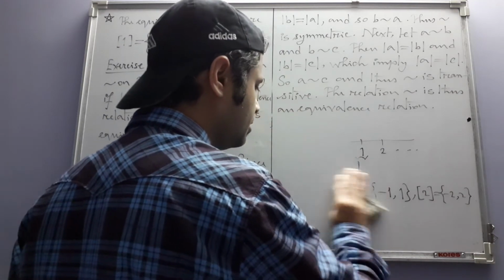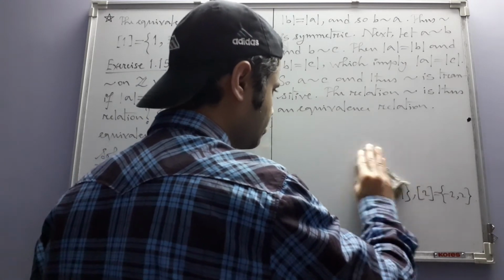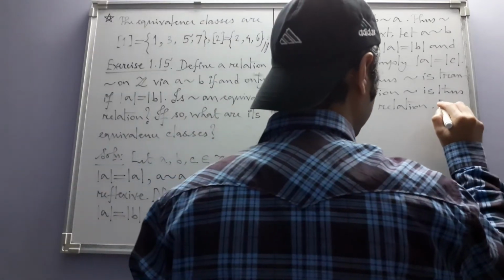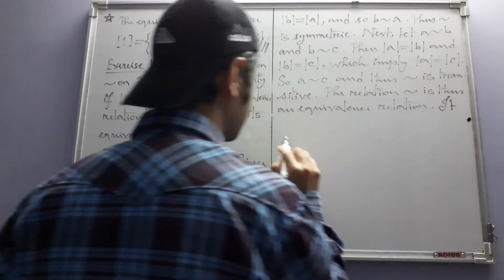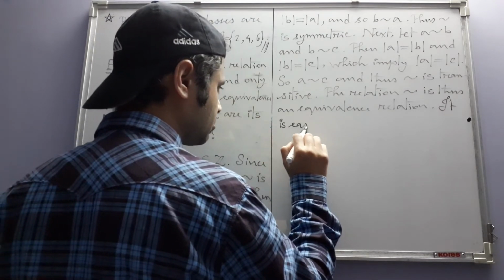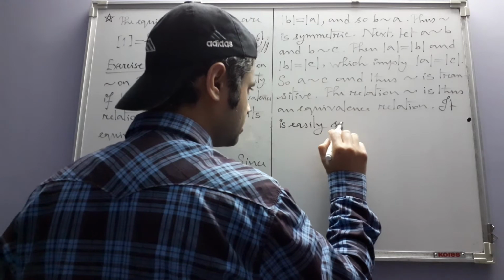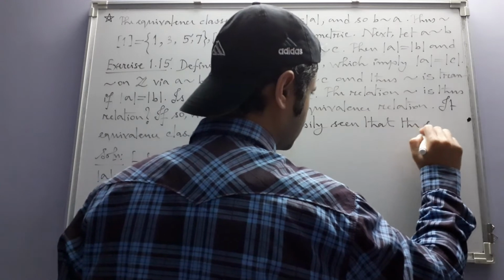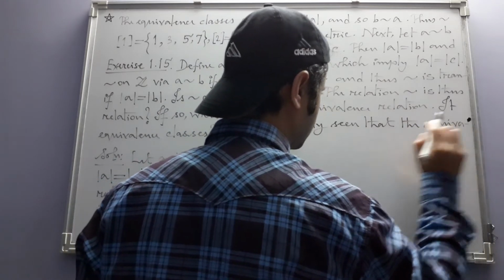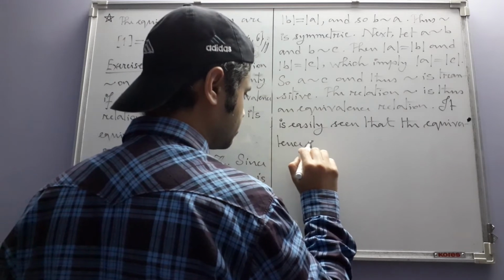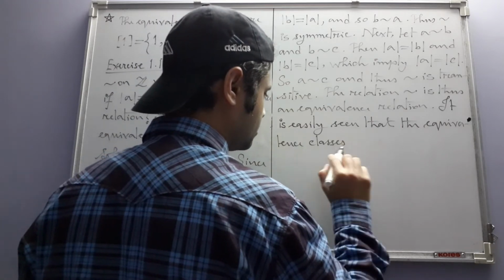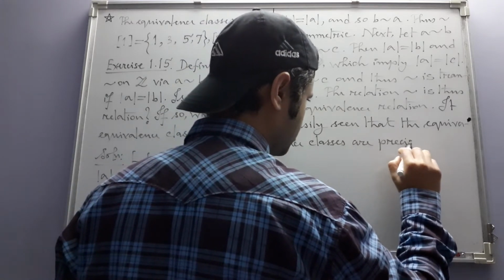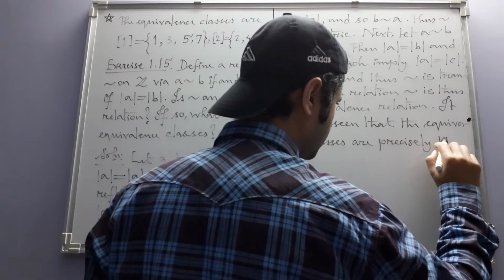So you can see this is the justification, but we are not going to write anything in detail about that. We will just simply write it is easily seen that the equivalence classes are precisely the following.